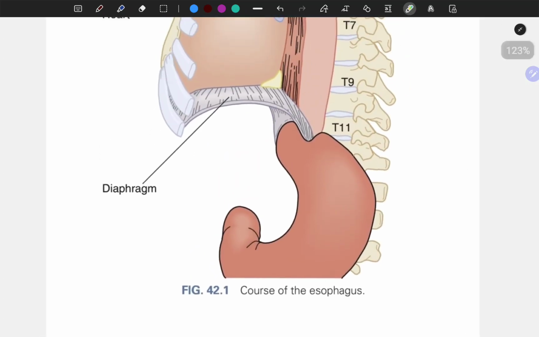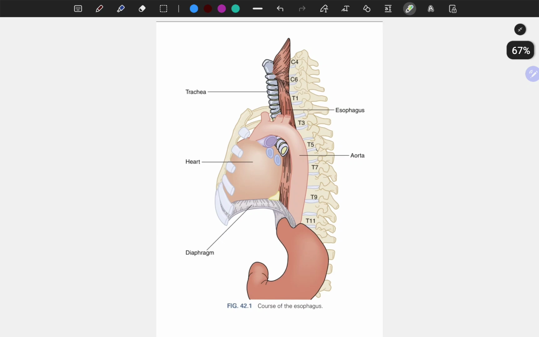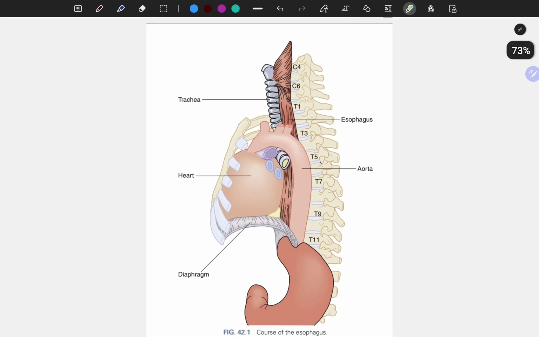A very important anatomical landmark is the esophageal muscular lining. It is an inner circular and outer longitudinal group of muscles. It has three important constrictions, and what are they?